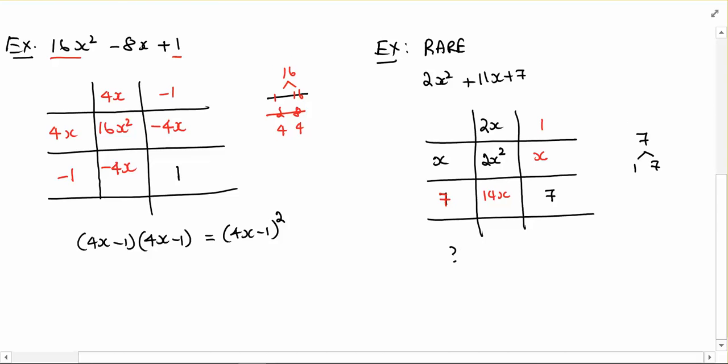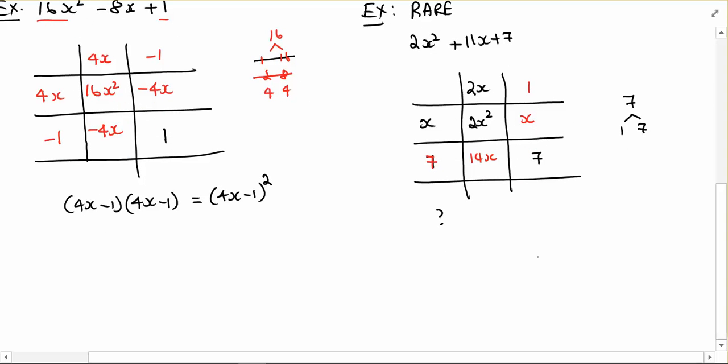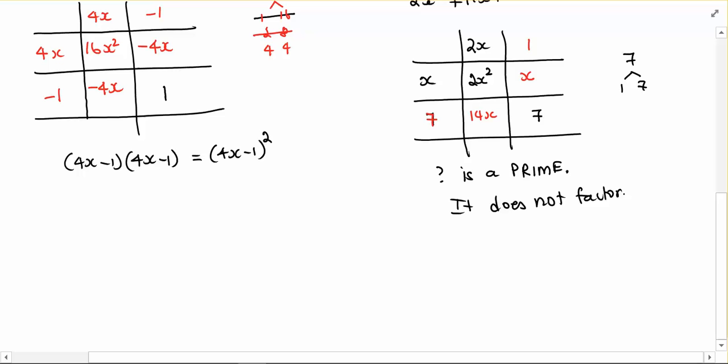So what we can say in this situation is that 2x squared plus 11x plus 7 is what's called a prime, meaning it does not factor. It does not factor. So this is the equivalent of, say, the number 5. 5 does not factor, or the number 7.